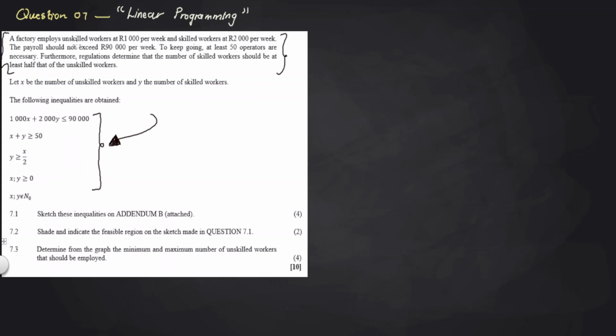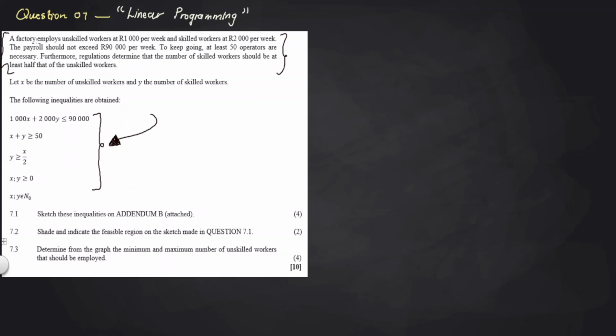A factory employs unskilled workers at 1,000 rand per week and skilled workers at 2,000 rand per week. The payroll should not exceed 90,000 rand per week. To keep going, at least 50 operators are necessary. Furthermore, regulations determine that the number of skilled workers should be at least half that of the unskilled workers.